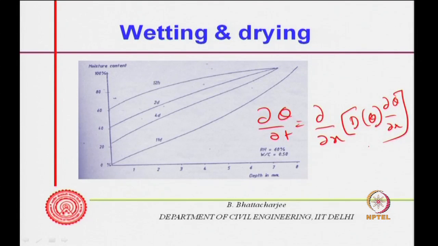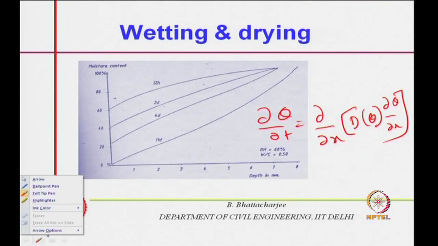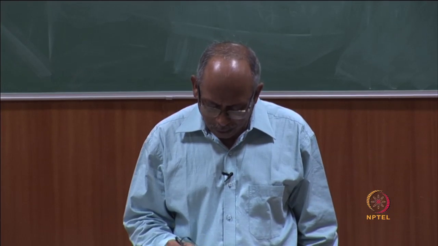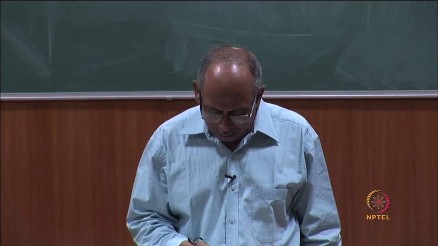This is the Richards equation, and through this you can solve and find the moisture profile. If you look at this diagram, 1 hour, 2 hour drying, 3 hour drying, 12 hour drying, even drying could be somewhat related to this; however, the boundary condition will be different, and only the capillary moisture flow will be like this. The vapor transmission equation is also similar, and it can be modeled in a similar manner. Whatever it is, this is how drying follows.